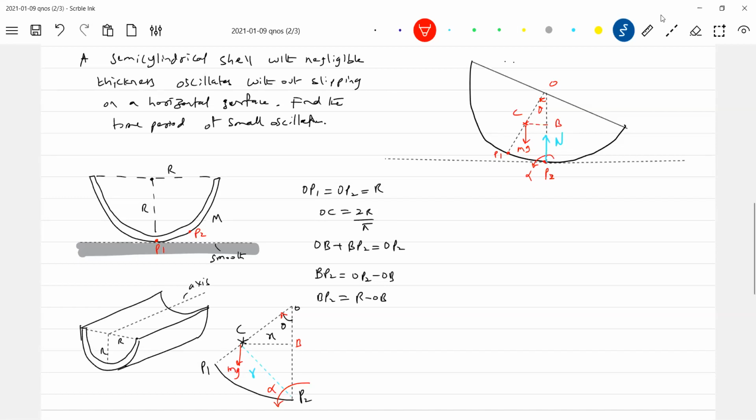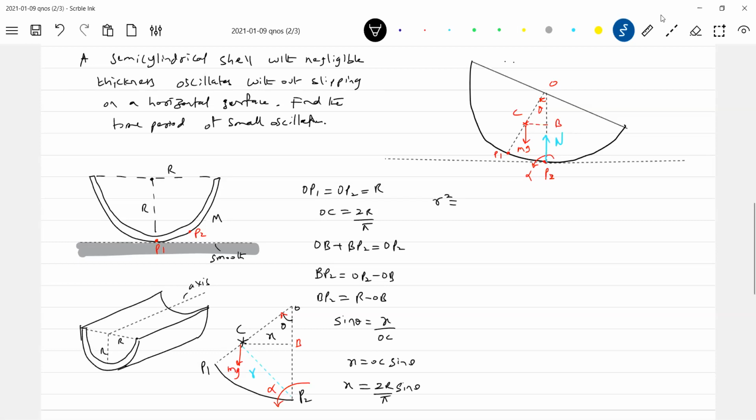Okay, we'll write some equations. Sine theta equals x by OC. We know OC is 2R by pi. So x equals OC sine theta, which is equal to 2R by pi sine theta. Now small r is needed.